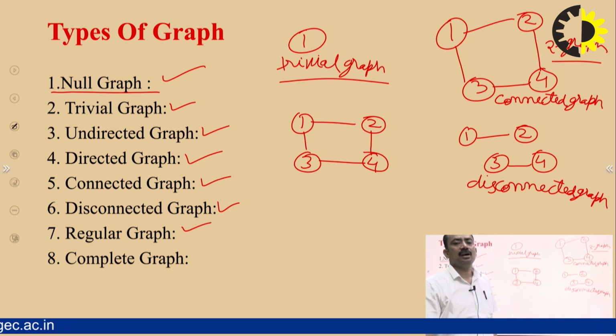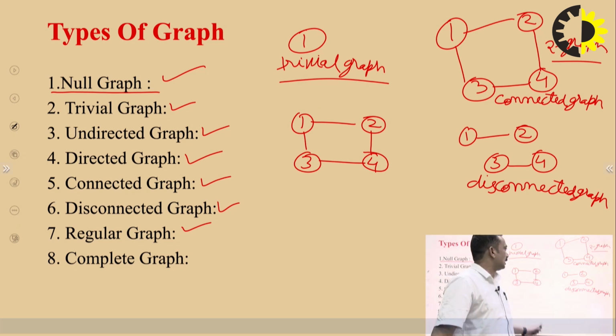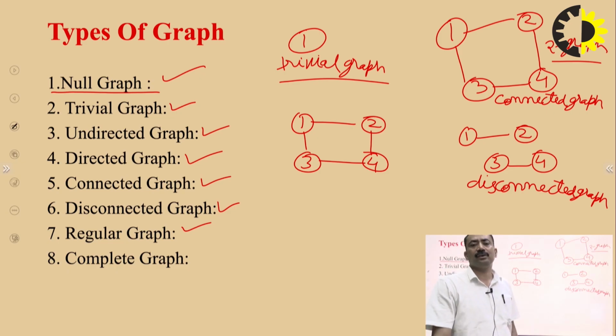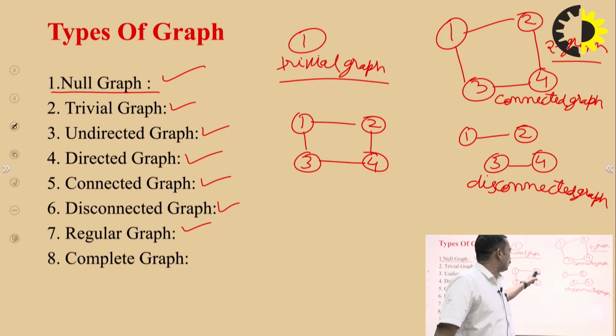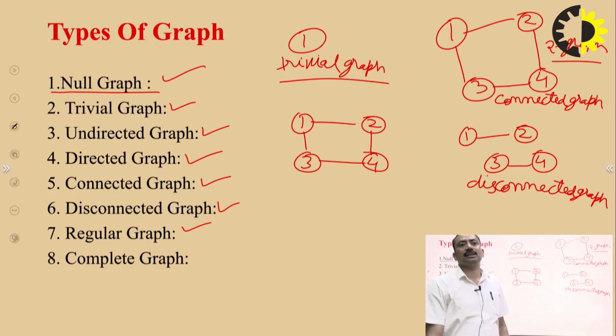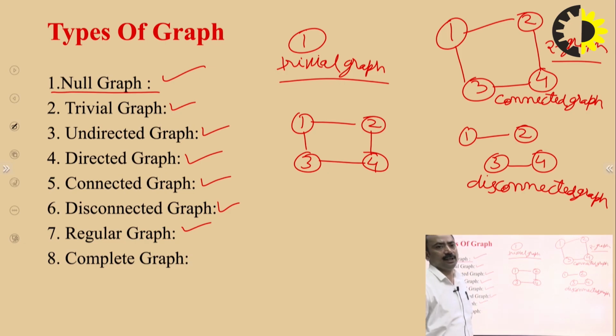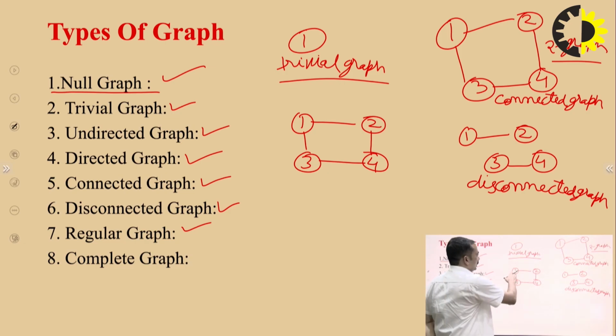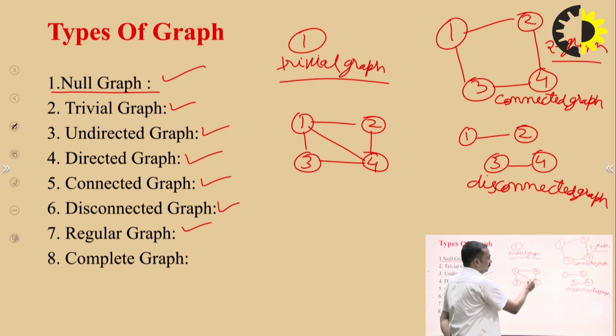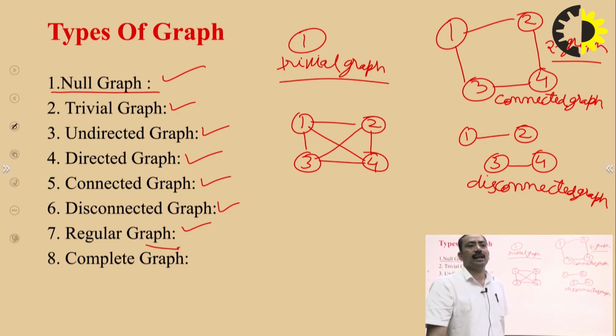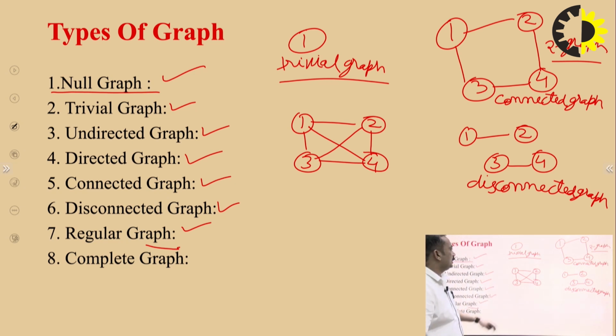So if we want a complete graph, how can we make a complete graph from this set of vertices? The graph in which from each node there is an edge to each other node. There is no edge from 1 to 4 and there is no edge from 2 to 3 in this graph. So if we connect 1 to 4 and 2 to 3, there is a direct edge from any node to any other node.